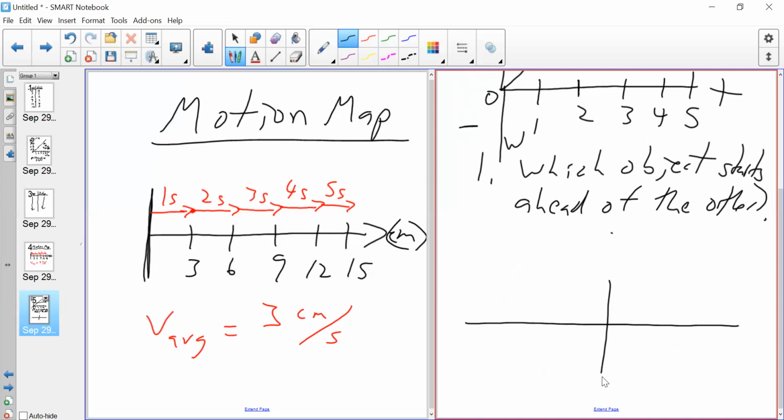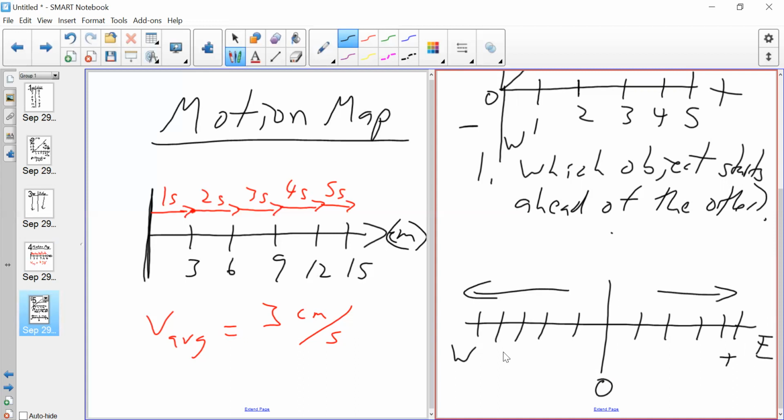So that's our graph, and here's basically our position in real space. This would be 0, 1, 2, 3, 4, 5, typical east. This would be -1, -2, -3, -4, -5, and this would be west. As we said in our very first lecture on one-dimensional motion, these are positives, the east, west, negative.